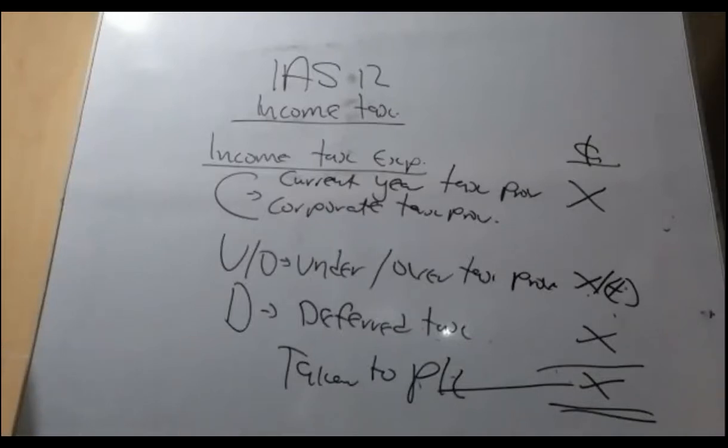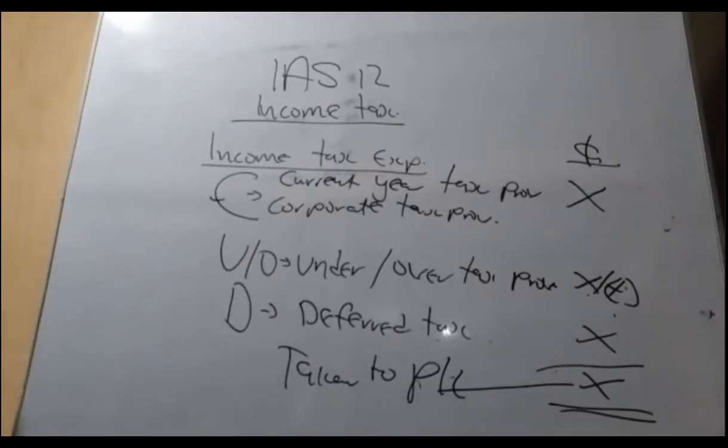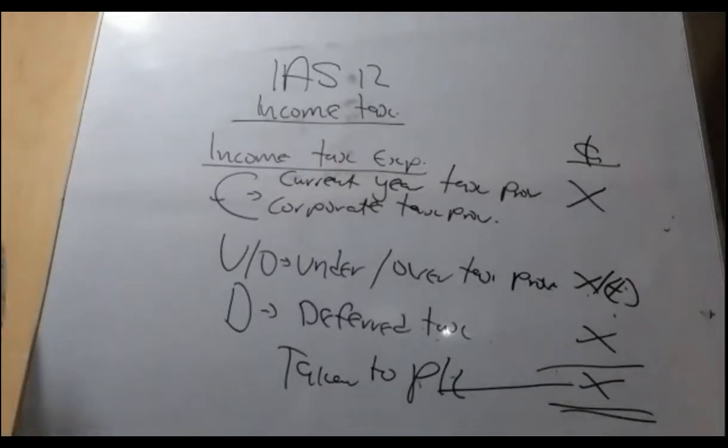Now, current year tax provision. How do you arrive at that? Now the question is, we are preparing a financial statement. Are we supposed to wait for GRA, the tax authorities, to tell us the right tax that we're supposed to pay so that we can include that? Meanwhile, the tax authorities are also waiting for you, for them to scan your financial statement and determine your tax liability.